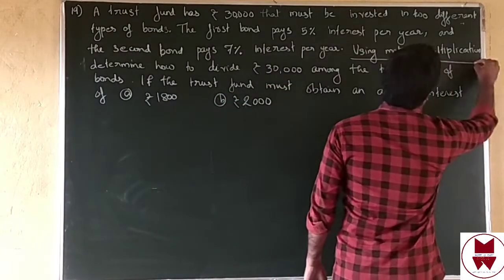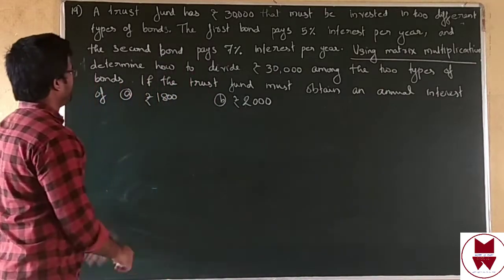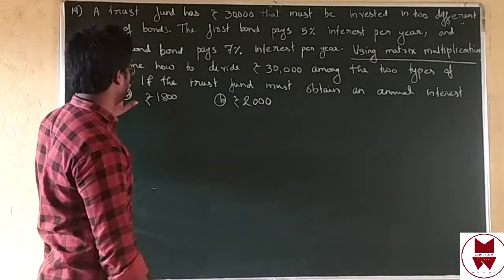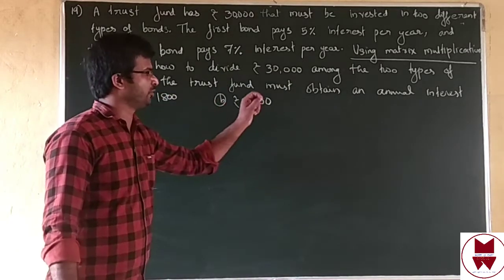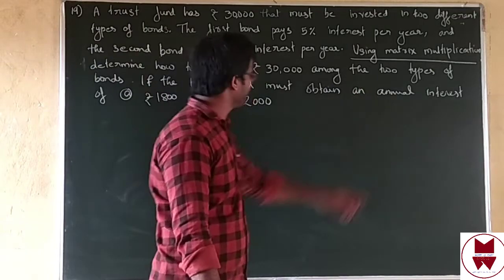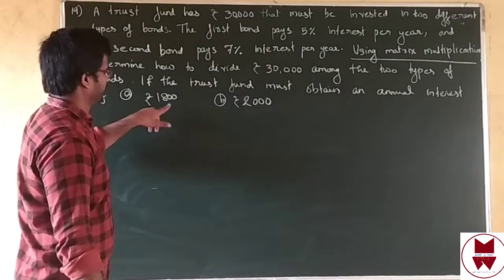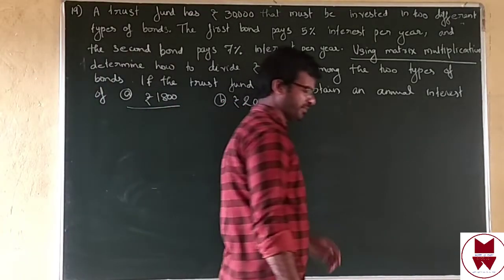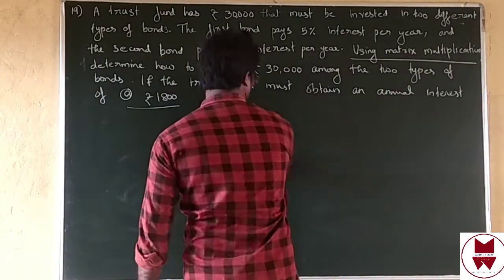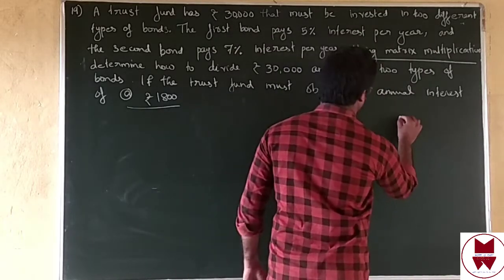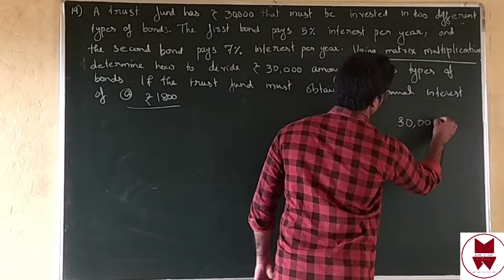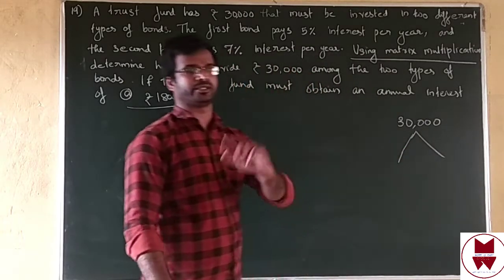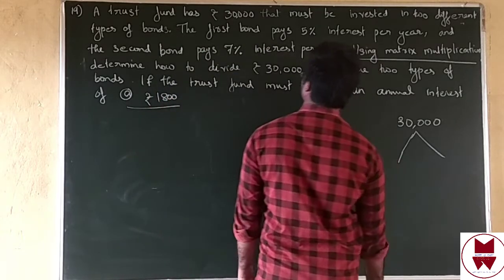Using matrix multiplication, determine how to divide 30,000 among the 2 types of bonds if the trust fund must obtain an annual interest of 1,800. First we can do only this much. This is the second part. There are 2 parts, A and B. First we can do A. We can see what the question is. Total 30,000 is there. They are going to invest this 30,000 in 2 types of bonds. First bond, interest.